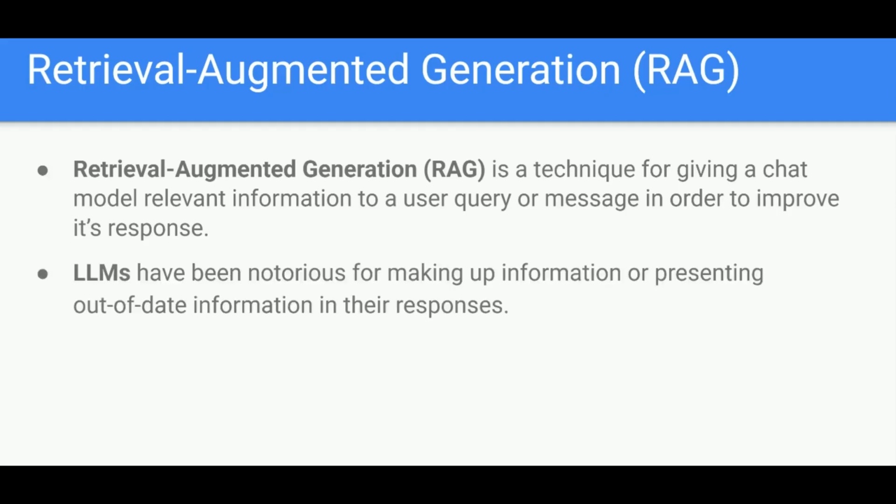So the main issue this solves, as I said beforehand, is the hallucination aspect of LLMs. Before RAG became high quality and came on the scene, if you sent an LLM a message, it would respond and try to make up information to make its response as good as possible.